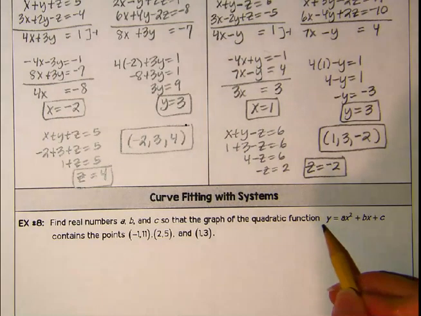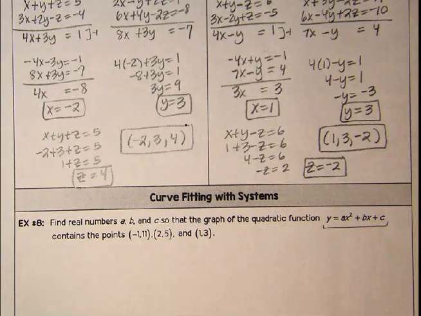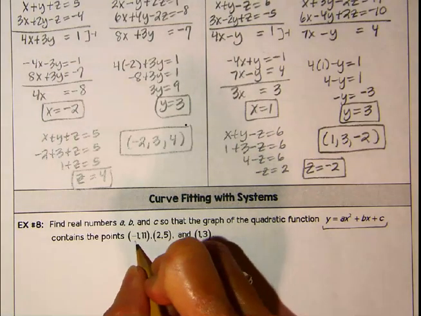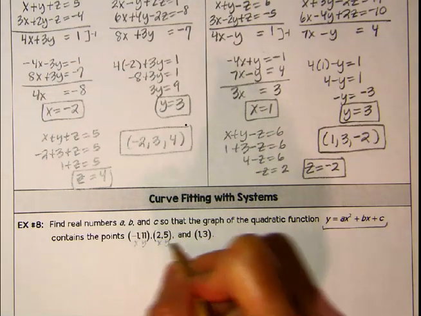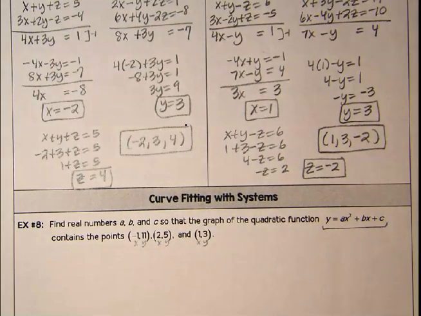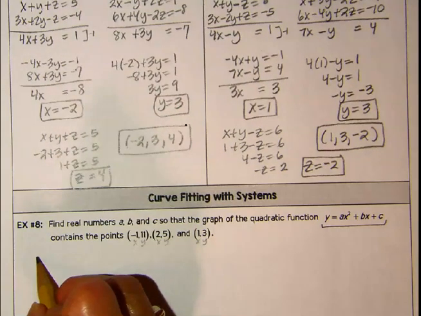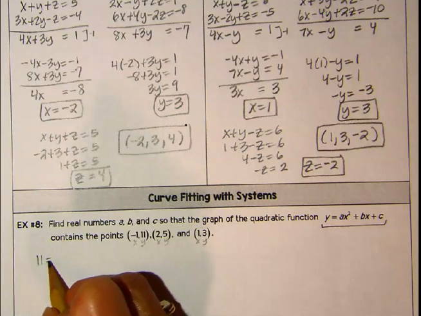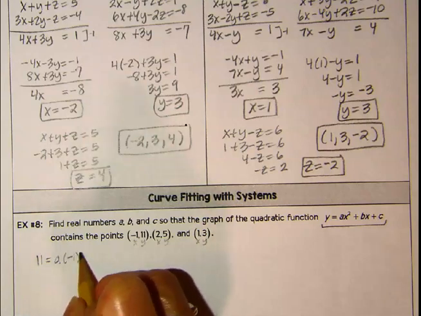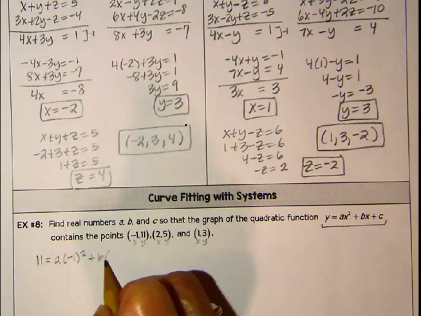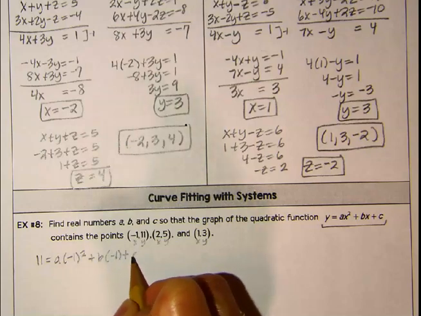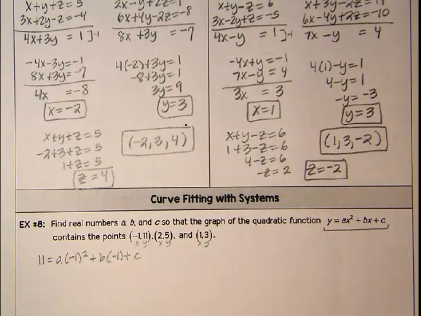So we're going to plug it basically into this equation. We're going to have 3 of them, and then we're going to solve that system to find out what a, b, and c are. So remember, this is x, this is y, and so on for each point. When I plug it in, I'm going to say y, that's 11, is equal to a times x squared plus b times x plus c. That would take care of the first point.